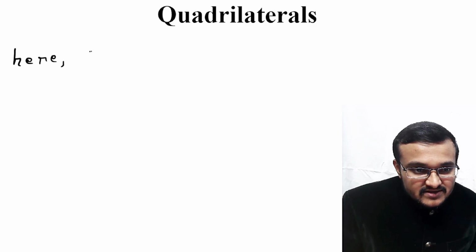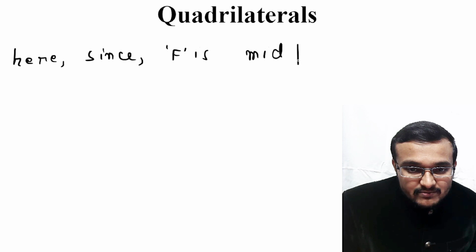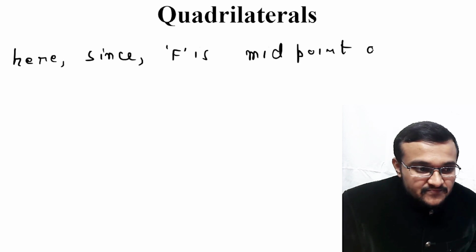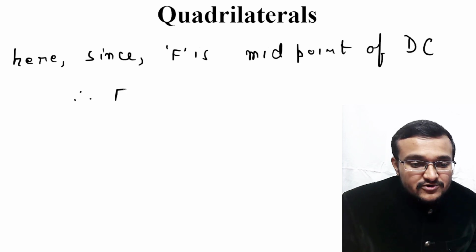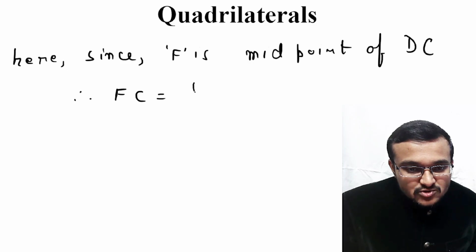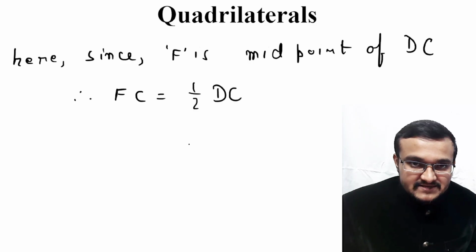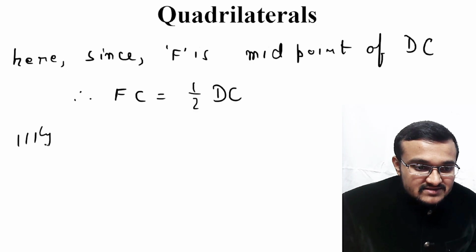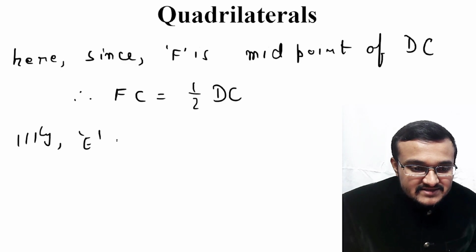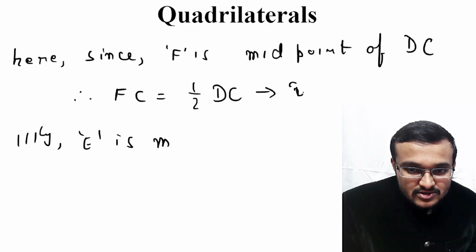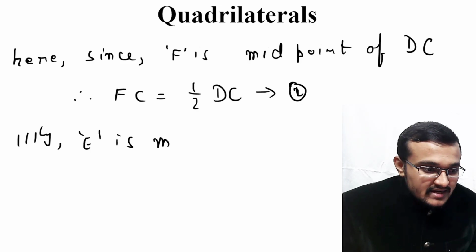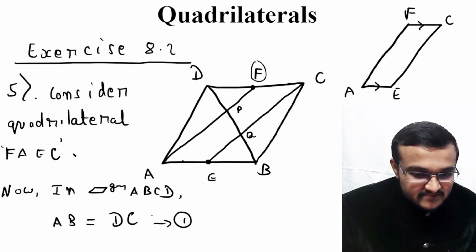Since F is the midpoint of DC, therefore FC is equal to half times DC. We'll call this equation 2.